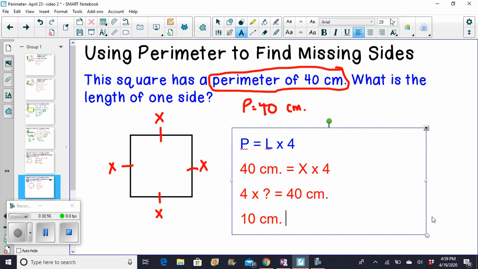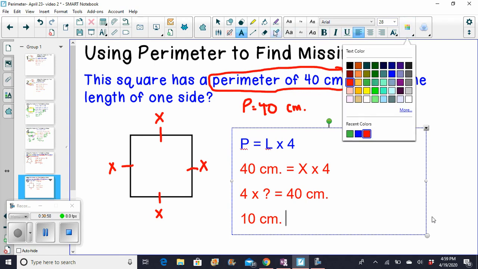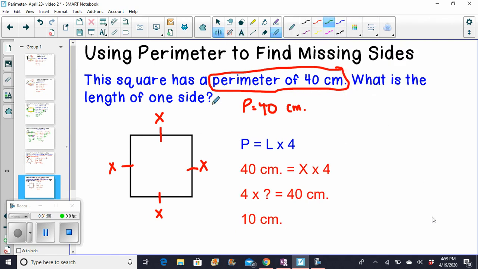So thus, as a result, each of these sides is 10 centimeters, right? We know that they have to total 40. 10 plus 10 plus 10 plus 10 is going to equal 40.